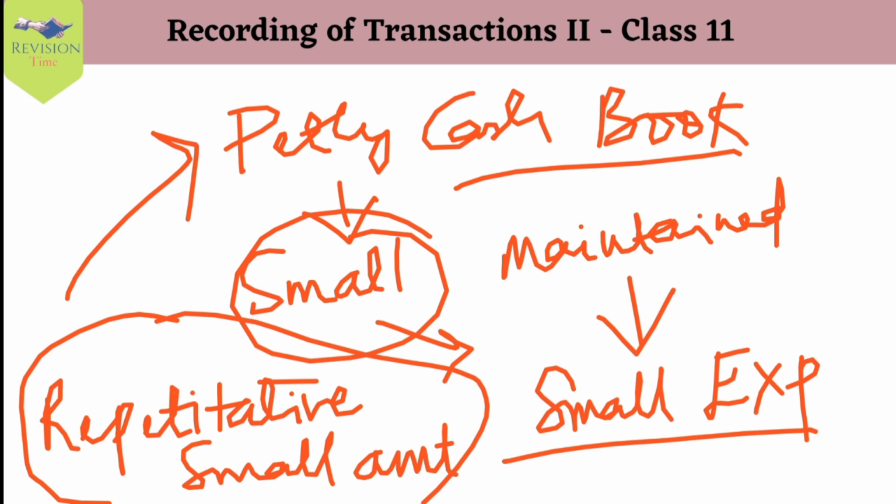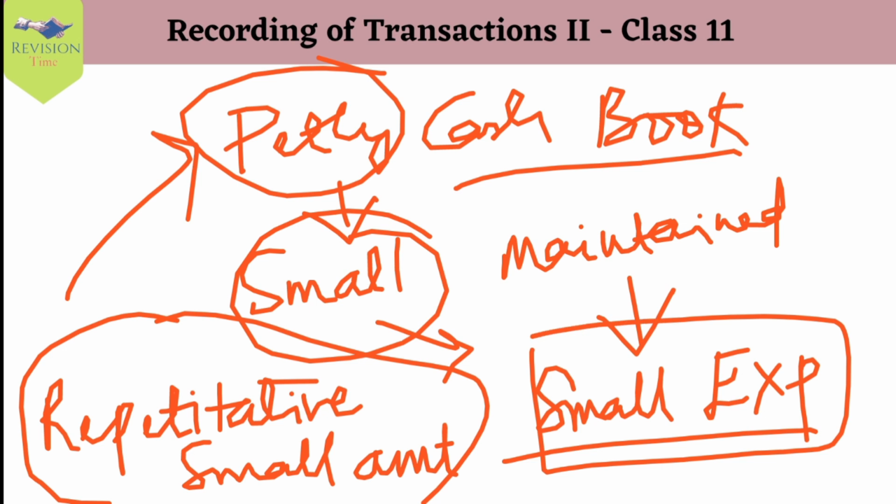But what is the need of maintaining the petty cash book when we already maintain a cash book? In petty cash book we specifically record only those transactions which are small expenses and repetitive in nature, and the cash book is entirely for main business activity, for recording the large sums of money for the business.